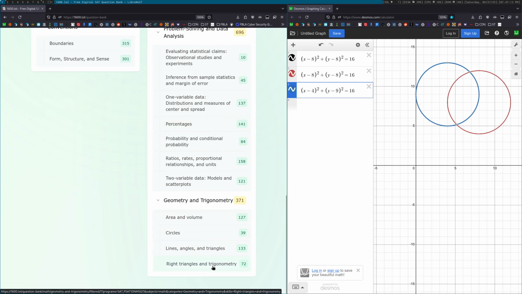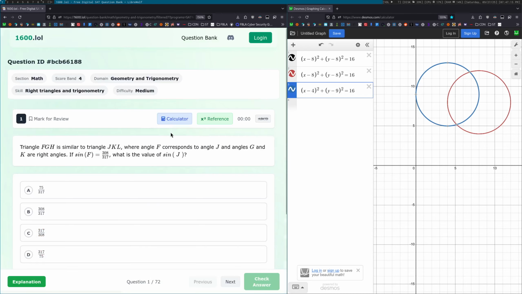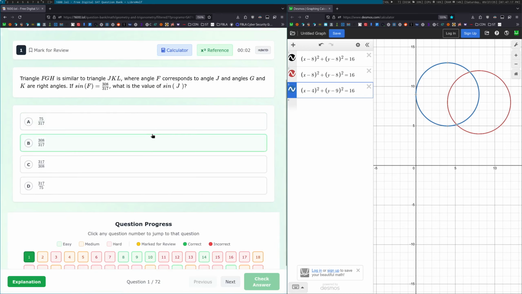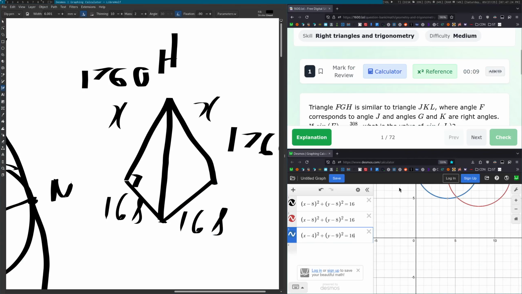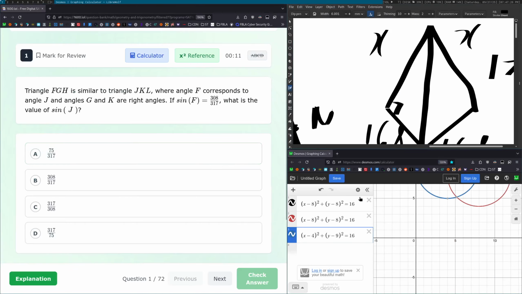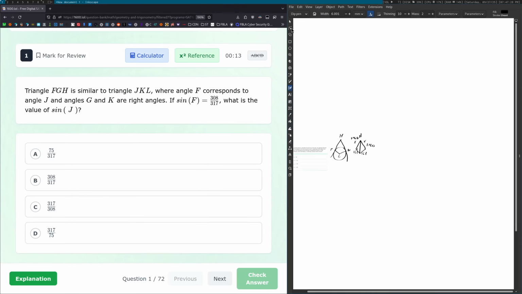Let's see if we can do right triangles in trigonometry. Okay. Triangle. Okay, since these are trigonometry, I'm going to move this drawing thing over here and move Desmos to the side.